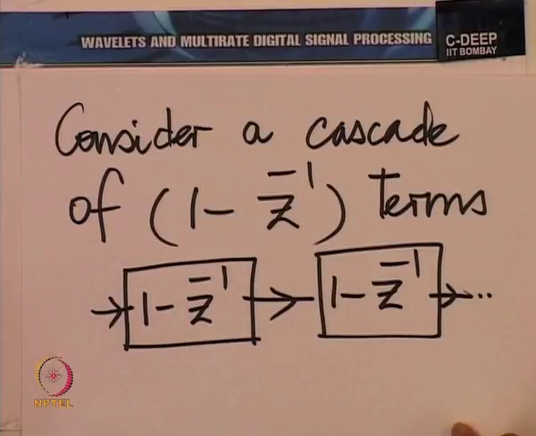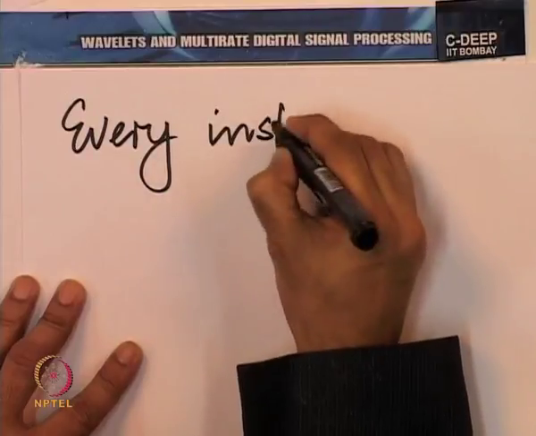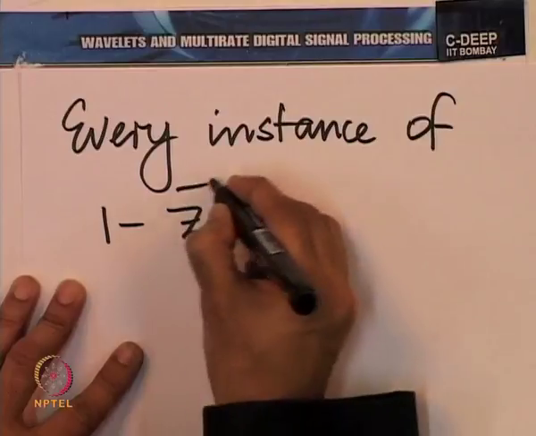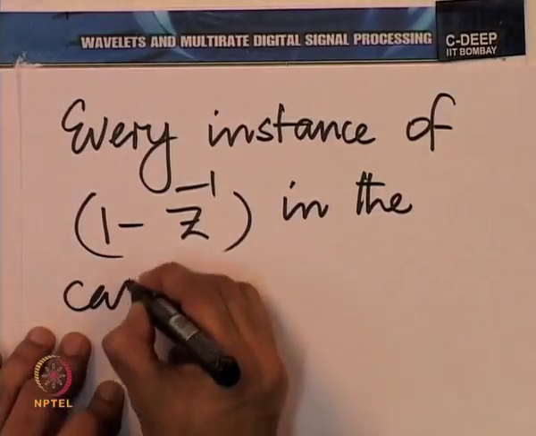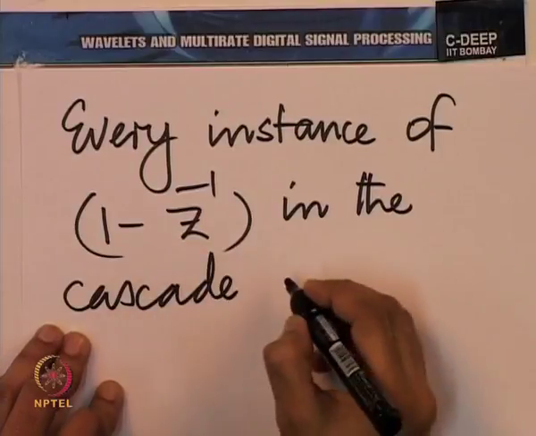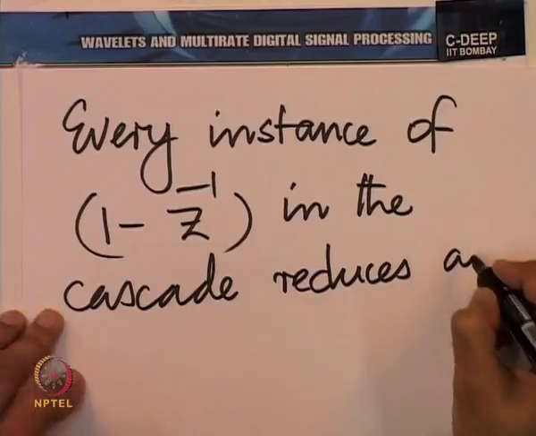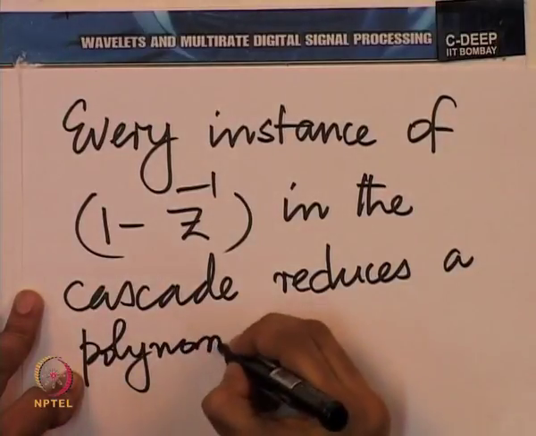We shall show that every instance of 1 minus z inverse in the cascade reduces a polynomial sequence to 1 degree lower.